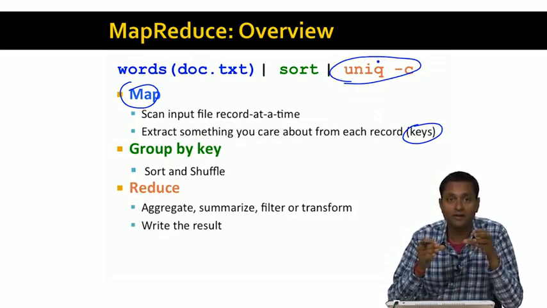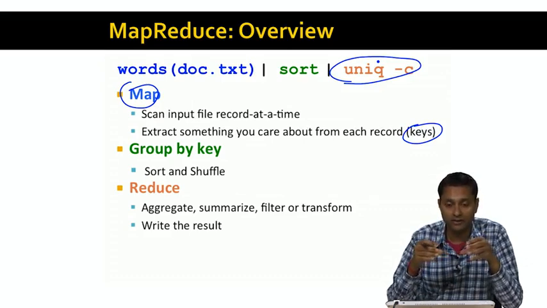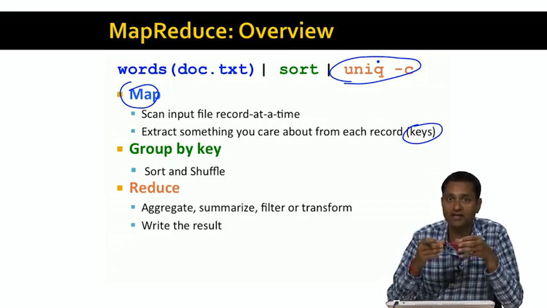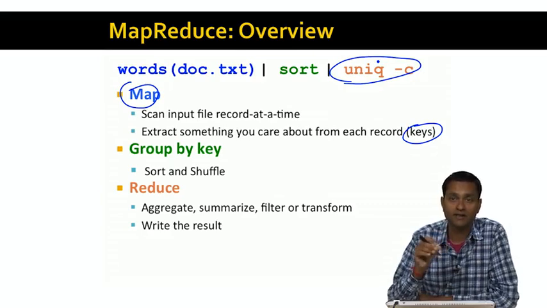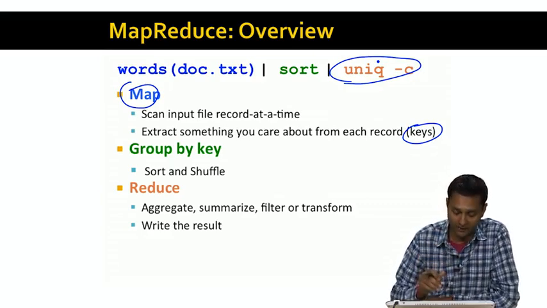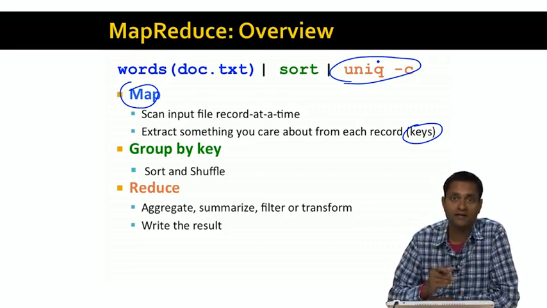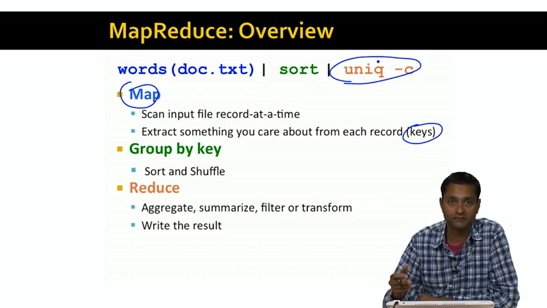The reducer looks at all the keys with the same value, and then it runs some kind of function. In this case, it counted the number of times each key occurred, but it could be something much more complicated. And once it does that kind of analysis, it has an answer which it then writes out. Okay, so this is MapReduce in a nutshell.